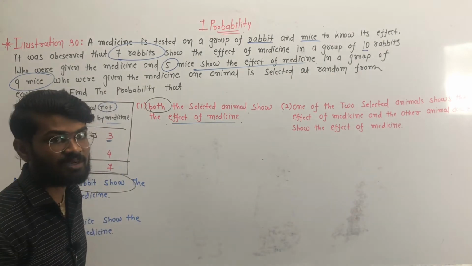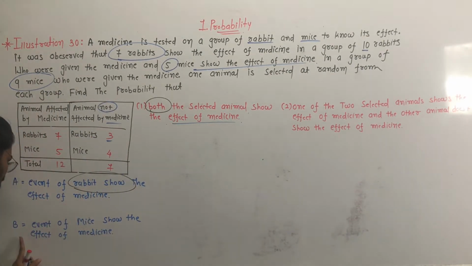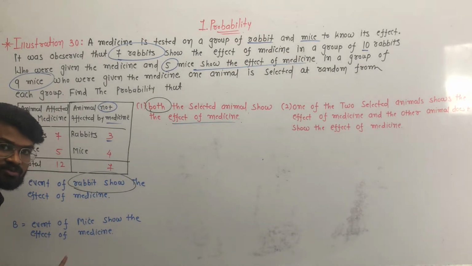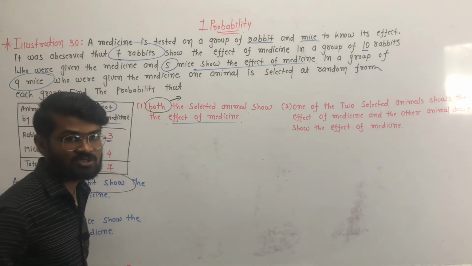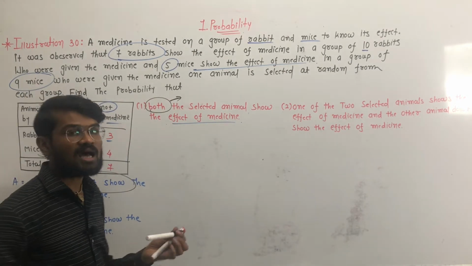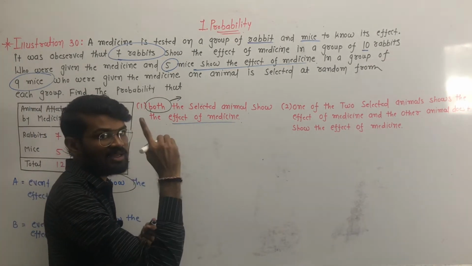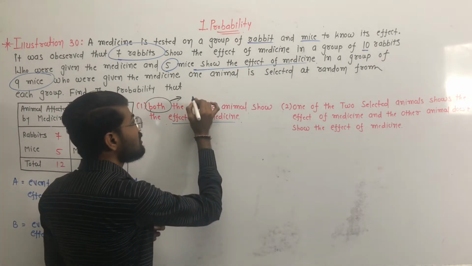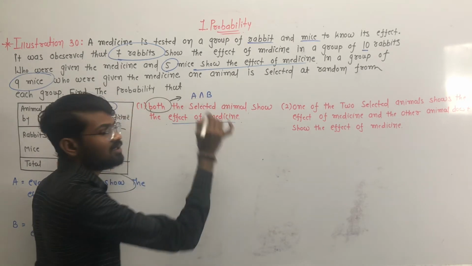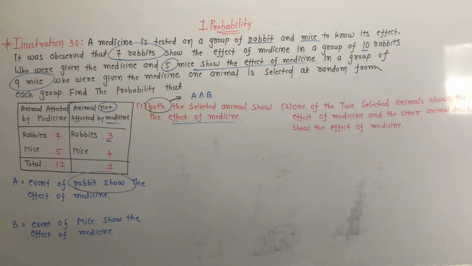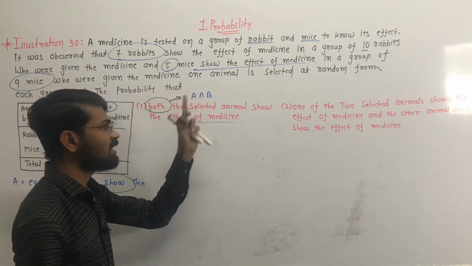Both means there is an 'and', and for 'and' there is the intersection. So this event is called A intersection B. Understand it? Clear? Okay, so we have to find the probability of A intersection B.